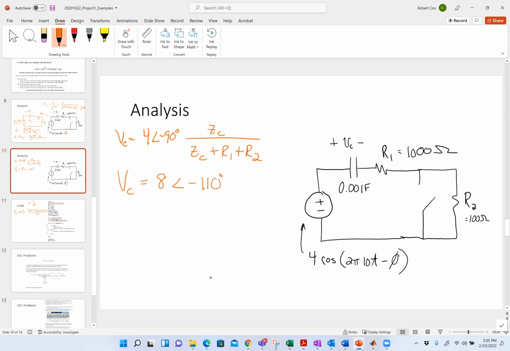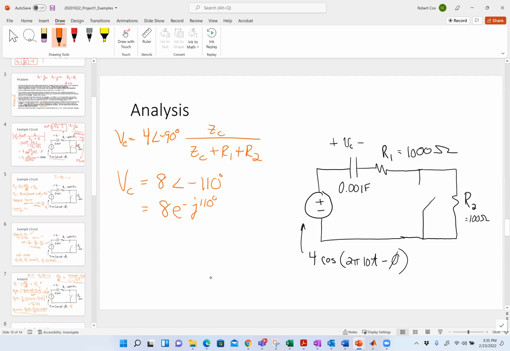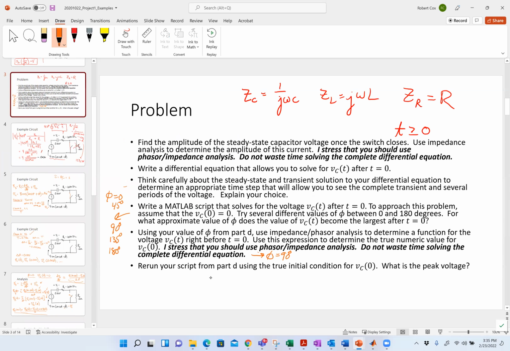If that's what I get, I'm writing this in polar form because I think you guys like that better. That's the same as e to the negative j 110. What I ask for is the expression for that voltage. What's the exact wording I used? The exact wording is, determine a function for the voltage V sub C of t.